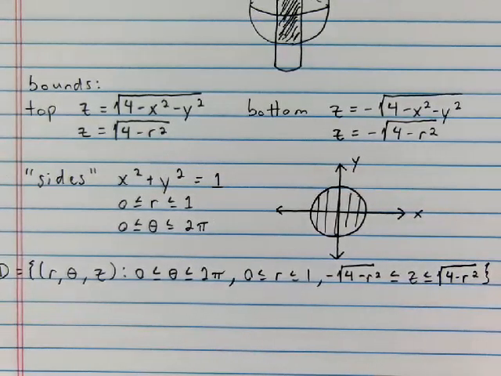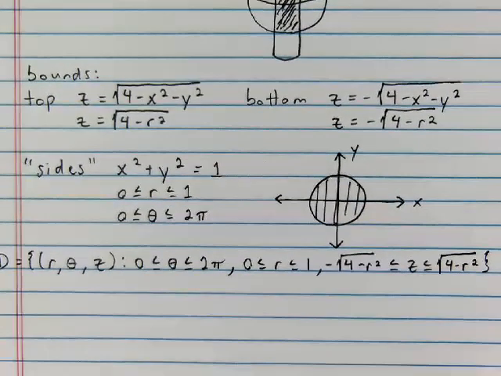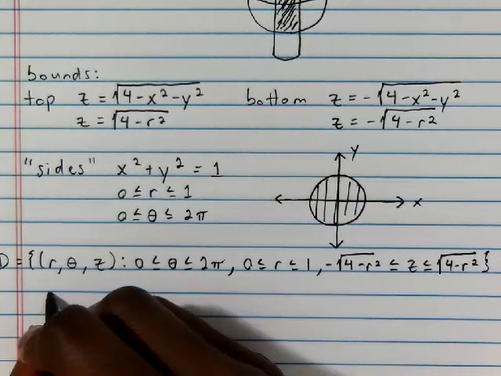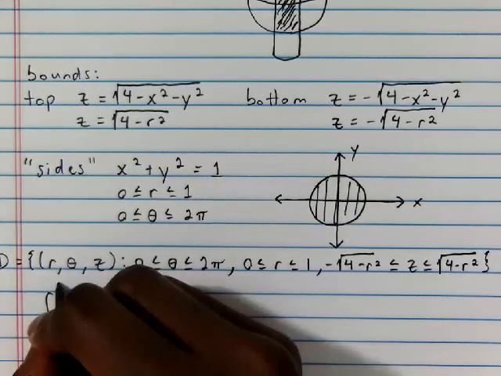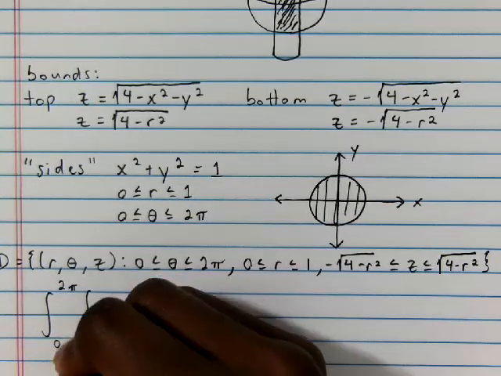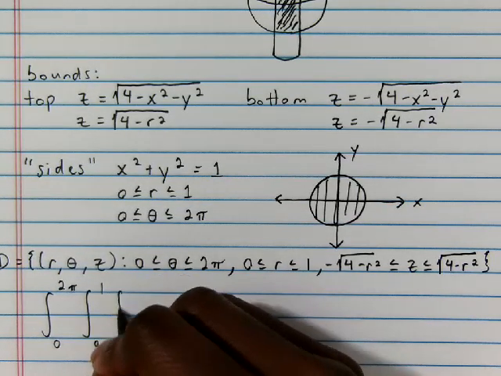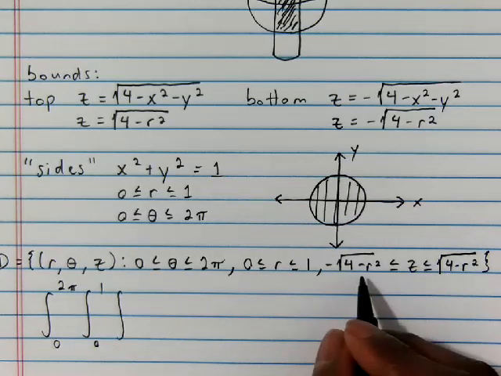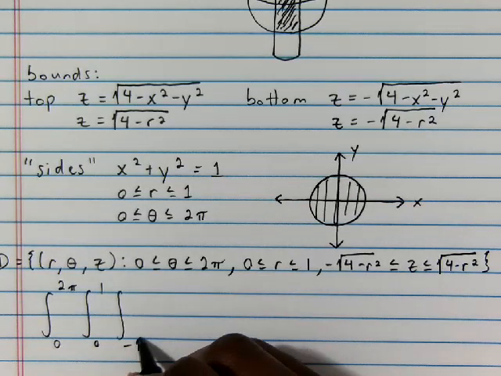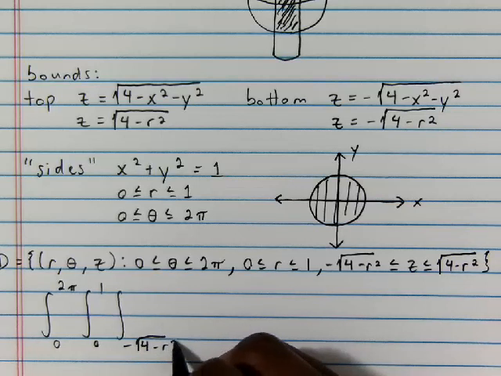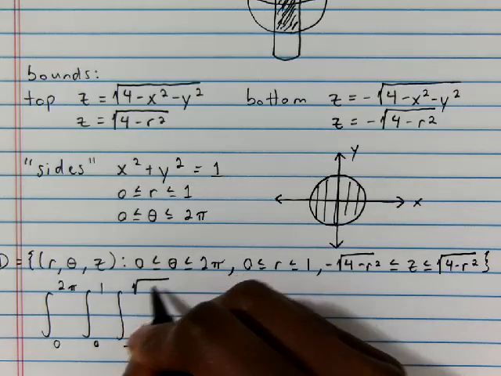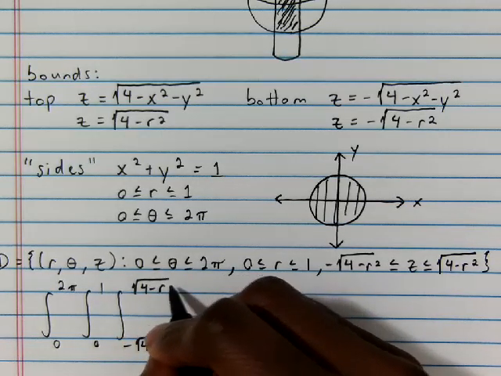So that's our region D. And now we can set up our iterated integral, which would be the integral from 0 to 2 pi, and then from 0 to 1, and then from negative square root of 4 minus r squared to positive square root of 4 minus r squared.